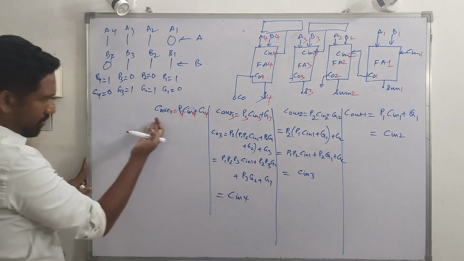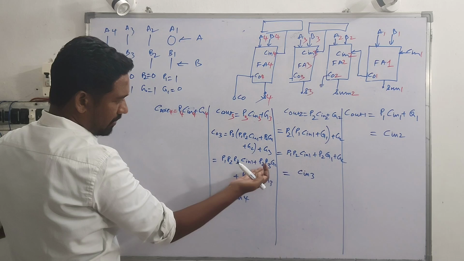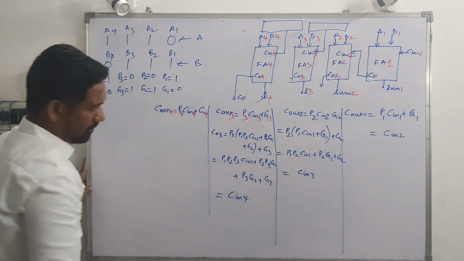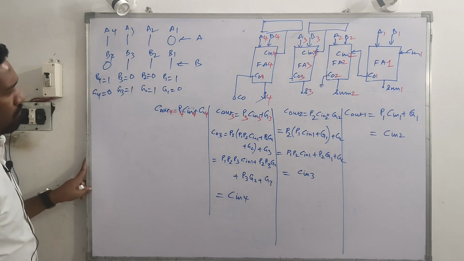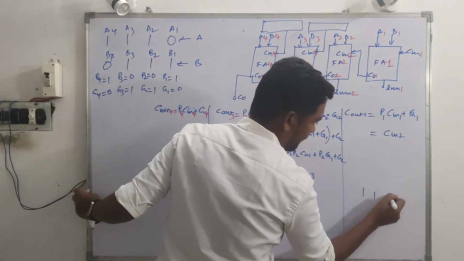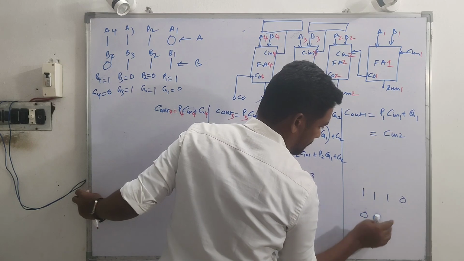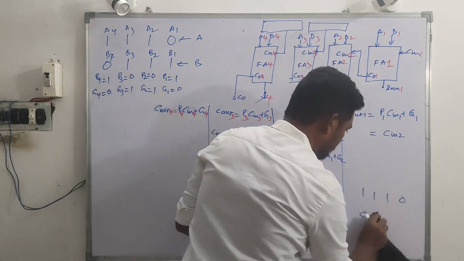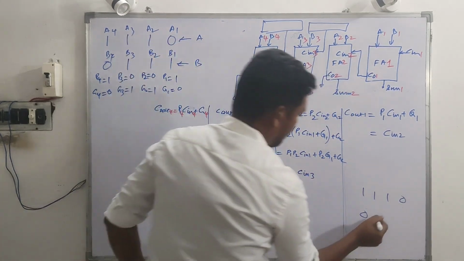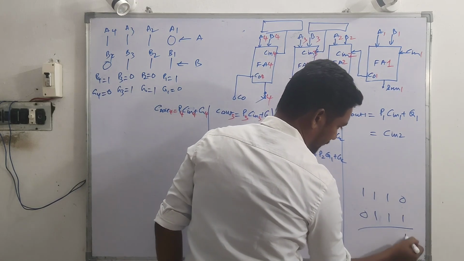Remember these, because we are going to calculate all of these. For C in 4 we need P1, P2, P3, C in 1, P2, P3, G1, like all that. Alright, so what was the example I considered? 1 1 1 0 and 0 1 1 1. Let me not change the values. The sum should be 1 over here.